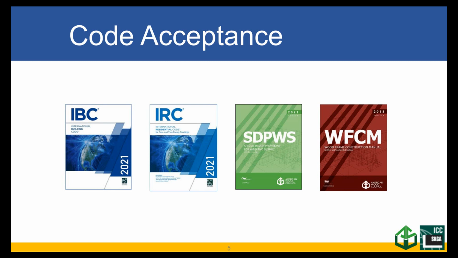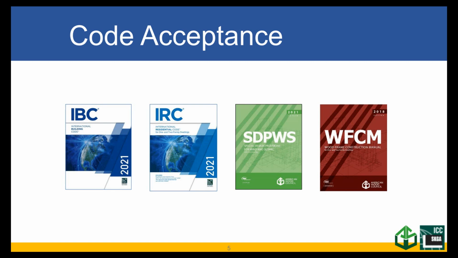So I mentioned these 4 codes and standards already. The newest one out is the 2021 Wind and Seismic Standard. The official title is Special Design Provisions for Wind and Seismic, and I'll usually refer to that as the Wind and Seismic Standard. You may hear others refer to that as SDPWS, and so whatever you've heard it referred to, that's the document we'll be discussing or using as our basis today.